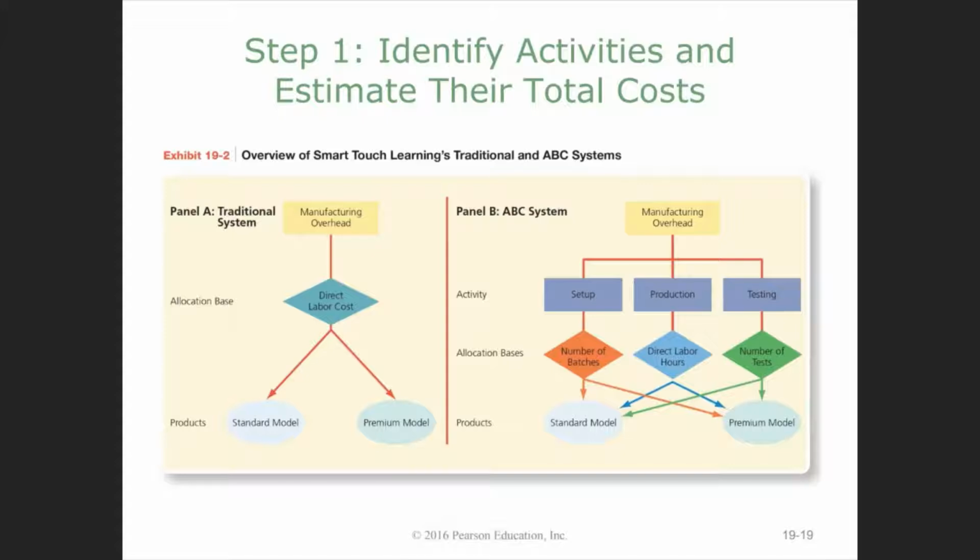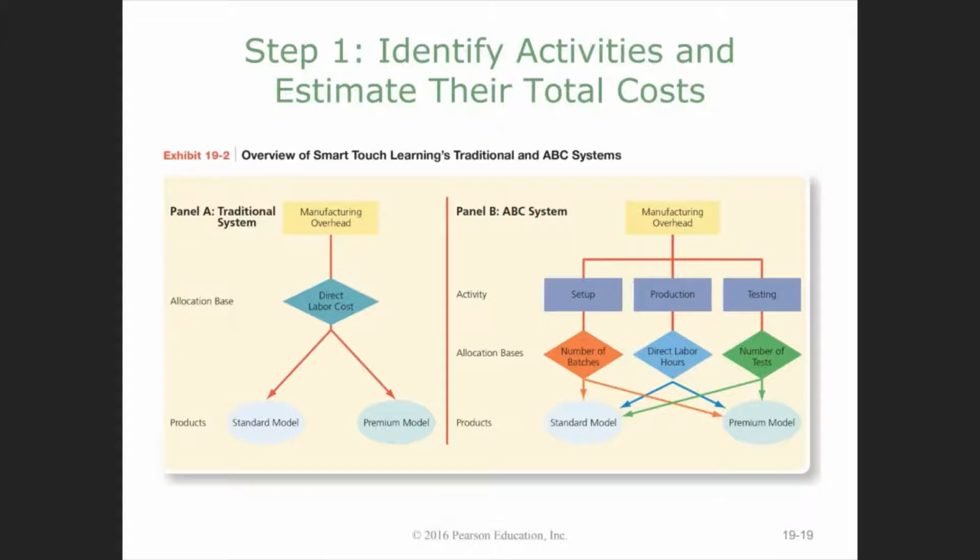For our allocation bases, we've got the number of batches, our direct labor hours, and the number of tests. And then we see here that these can go to either our standard model or our premium model.